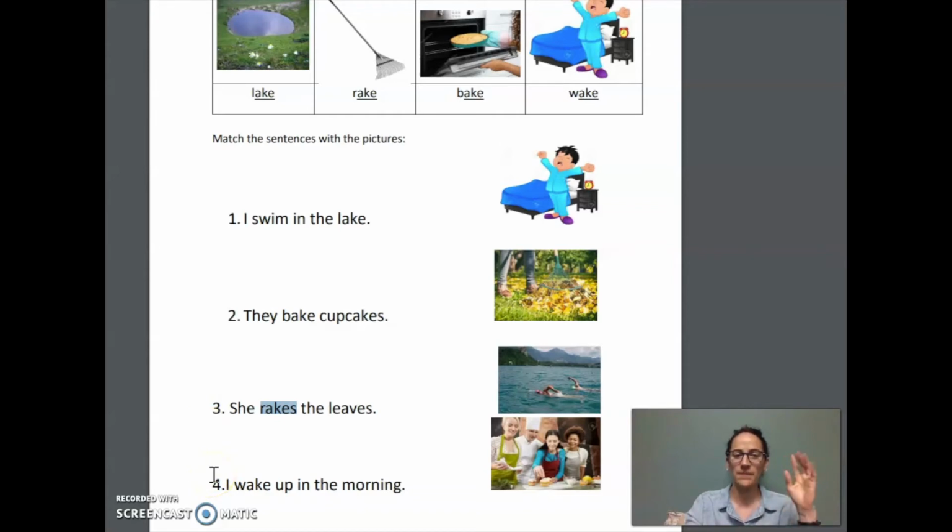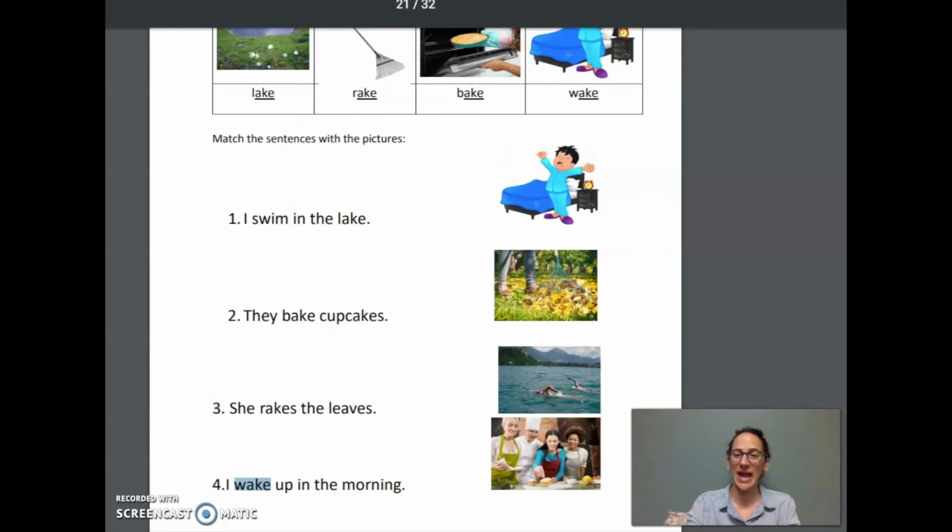Number 4, I wake up in the morning. Find the ache word. Yes, wake. Which picture? Here it is. We'll read it together. I wake up in the morning. Nice reading. Nice finding ache words.